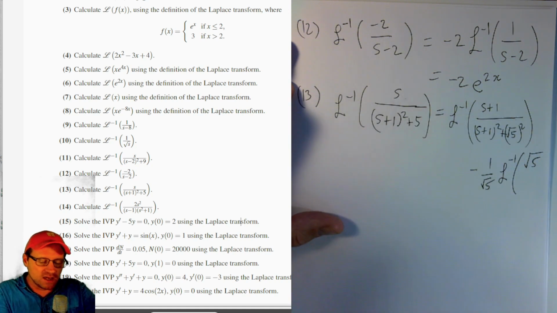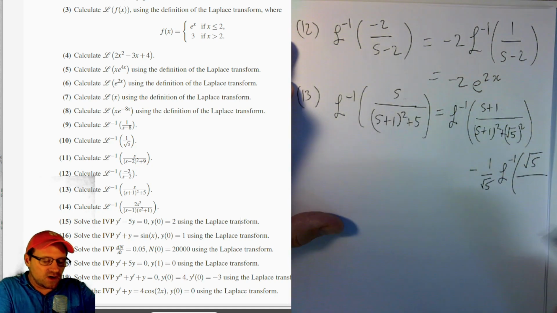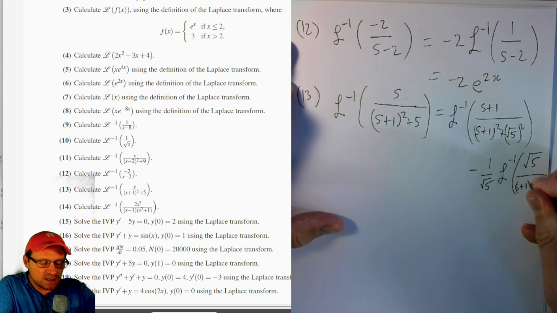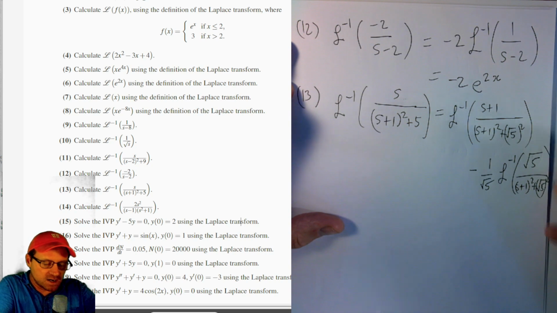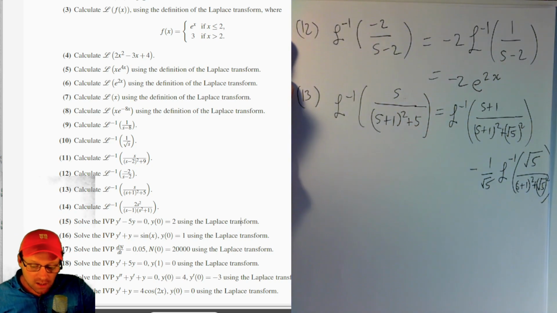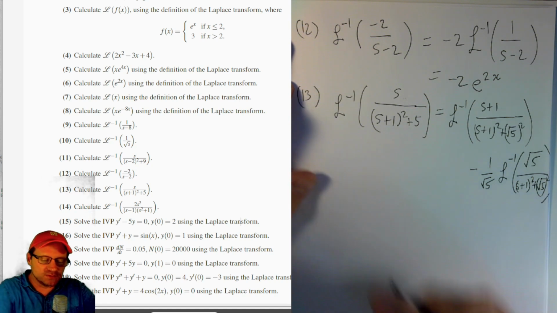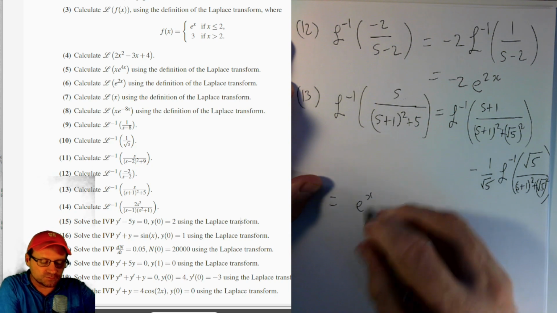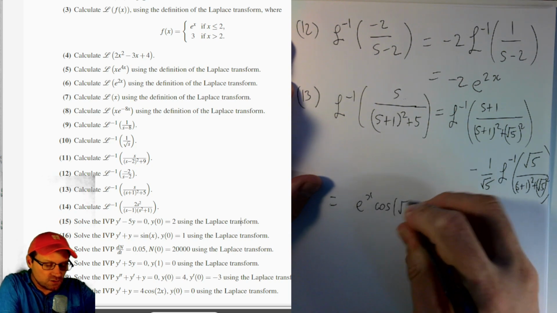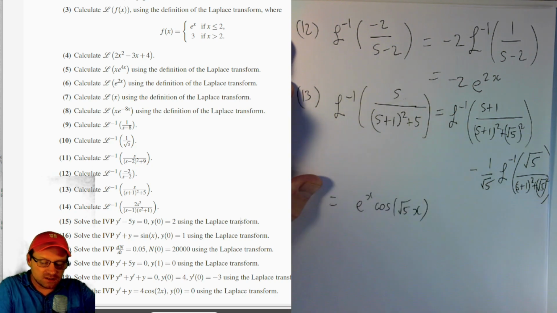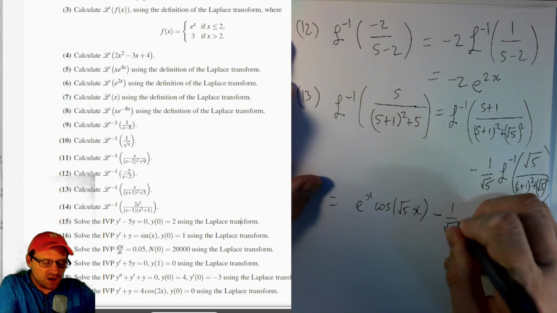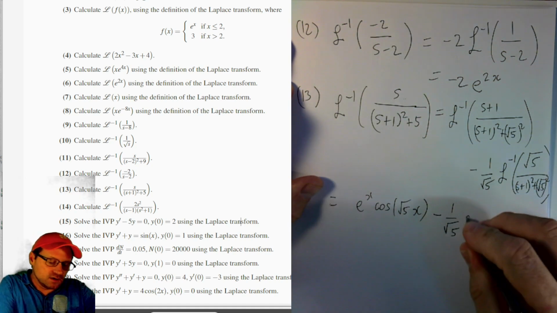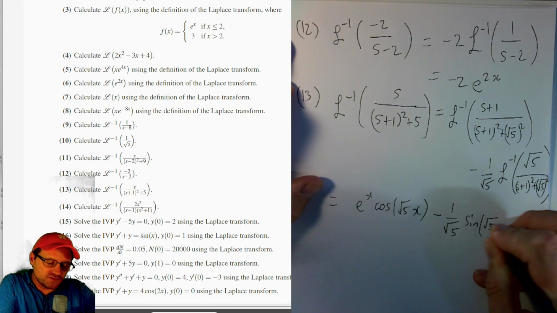So we in fact have the s. Okay, so this is root 5 over s plus 1 squared plus root 5 squared in that big bracket. Great. So now that we have this, we can look these up in our table and see that this is e to the minus x cos of root 5 x, and then minus 1 on root 5 for this one, sine of root 5 x.